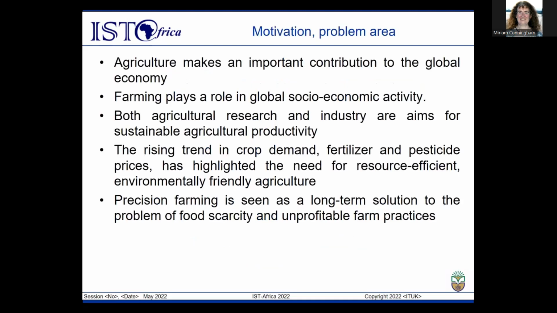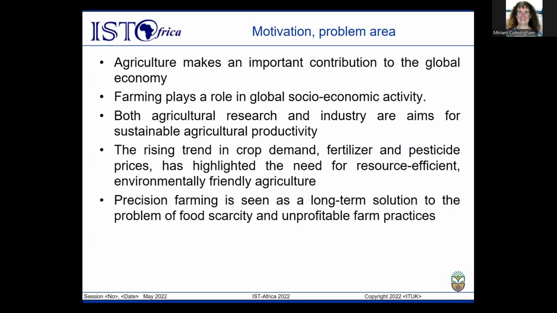Motivations and problem area. We all know that agriculture contributes significantly to the global economy, and farming also contributes to global socio-economic activity. Today, both agricultural research and industry are aiming for long-term agricultural productivity, while also addressing societal needs in data acquisition, management, analysis, visualizations, and utilization in dealing with cross-disciplinary precision agriculture problems.